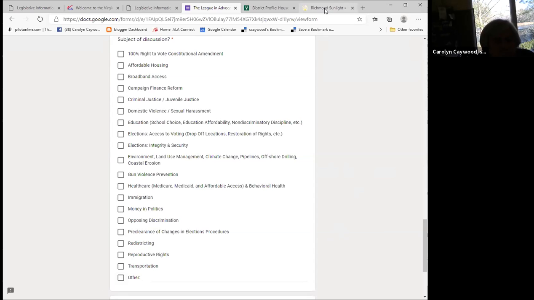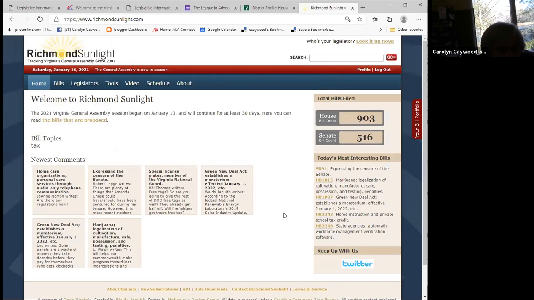Now, Richmond Sunlight. I think Waldo Jaquith is due for sainthood. This is a personal project of someone committed to democracy who set up this website years ago.